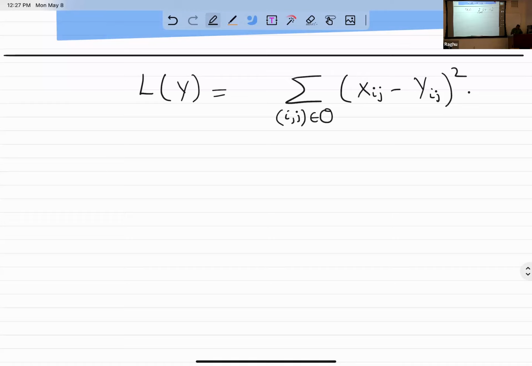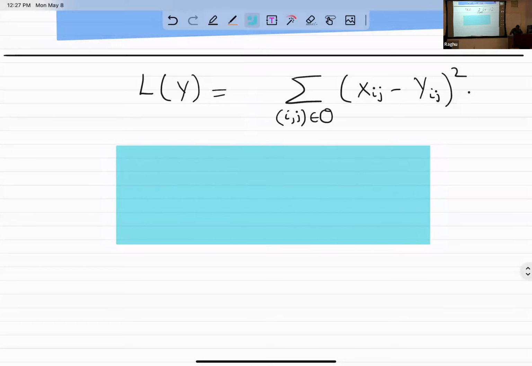And what is our goal? We want to minimize L of Y, where the rank of Y is less than or equal to k.